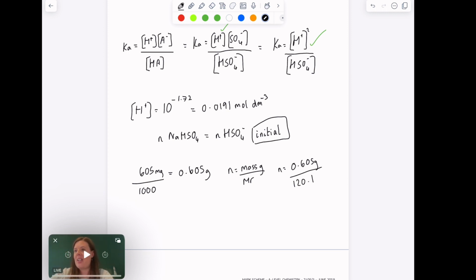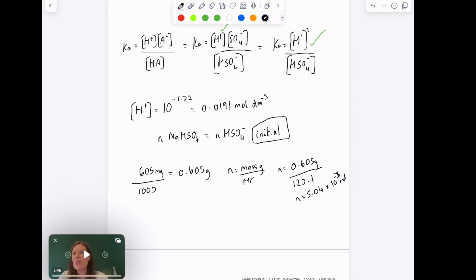Okay, and ultimately when all of that's plugged into your calculator, you are going to get, I believe, 5.04 times 10 to the minus 3 moles. That's a 3, by the way. There we go. So now we've got our moles.